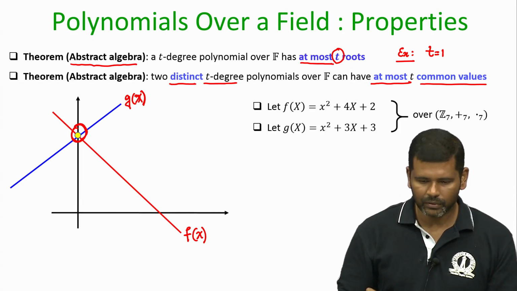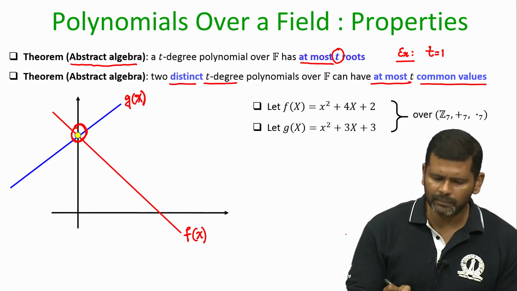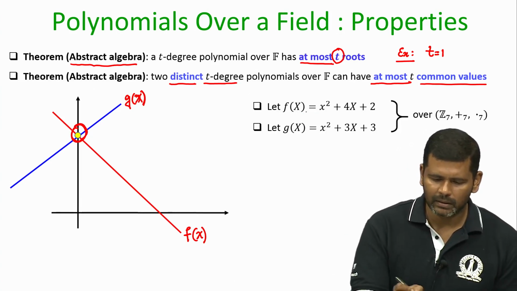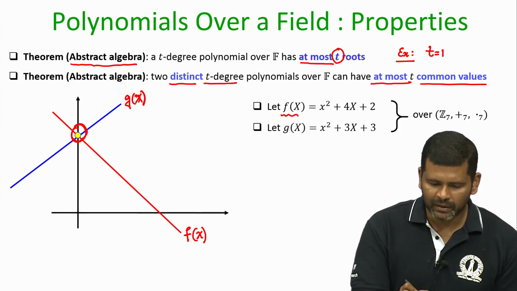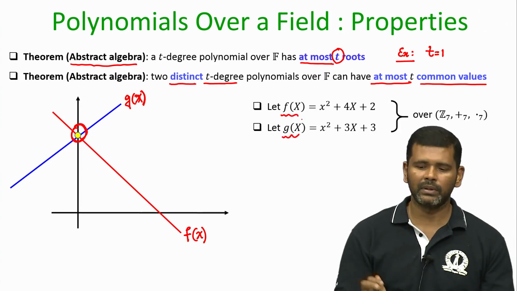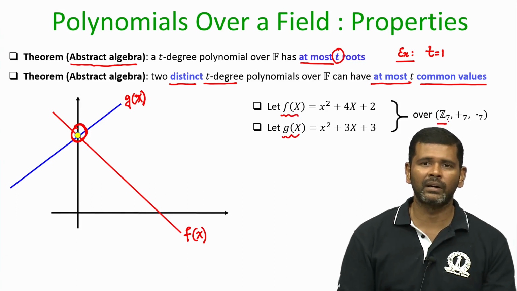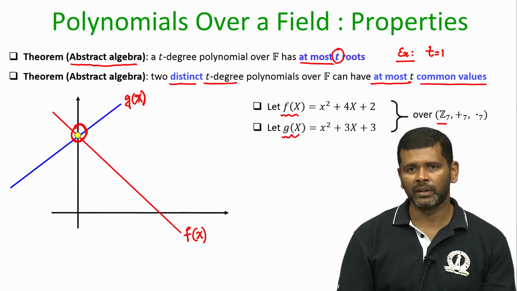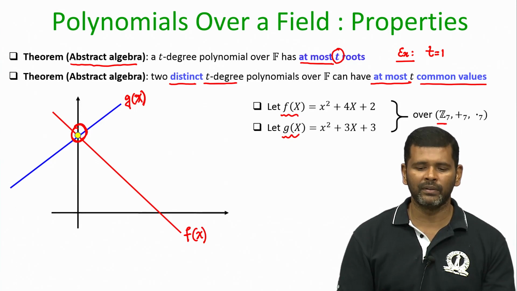Okay. So, again let us see an example to make it more clear. Consider two polynomials f of x and g of x here, both are over this field Z7, where the operations are addition modulo 7 and multiplication modulo 7.